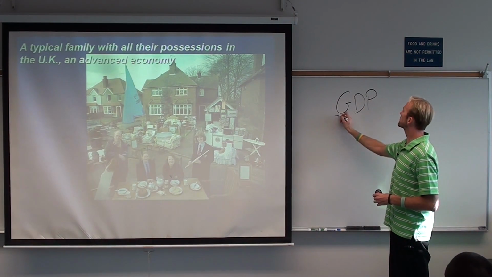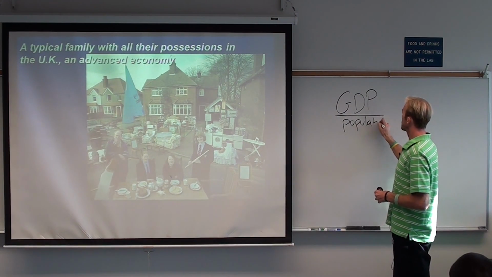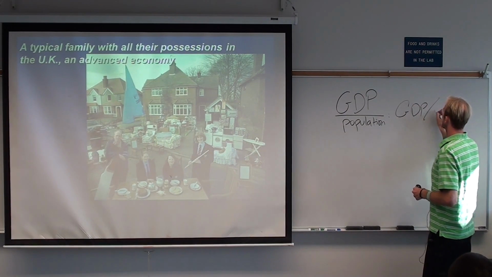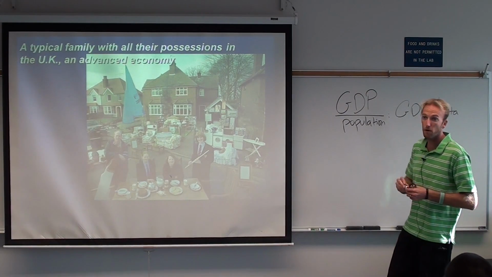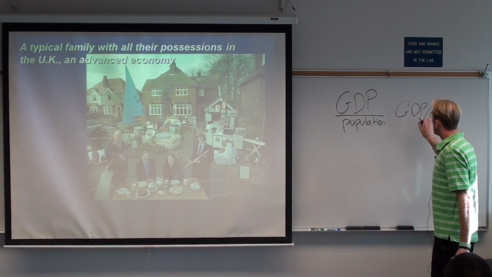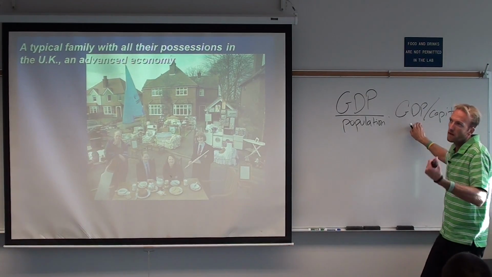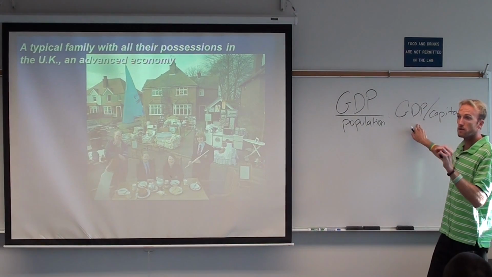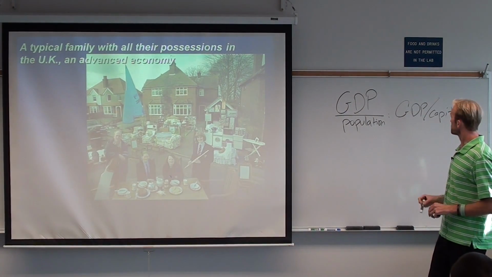When we divide that by the population, we get GDP per capita, or the GDP per person, okay? And remember, this number is our single most useful statistic when we want to compare countries, okay?